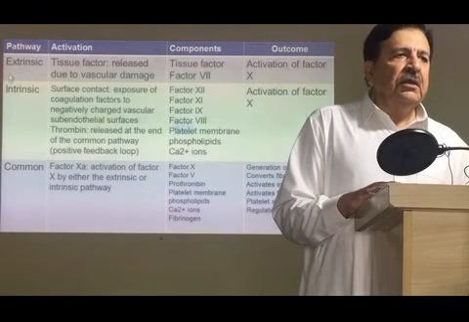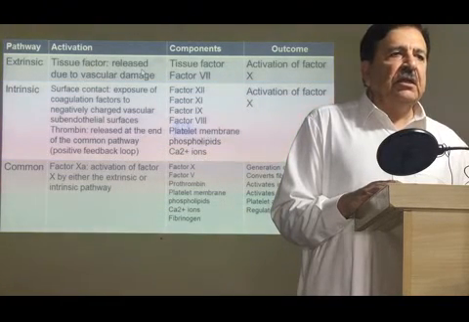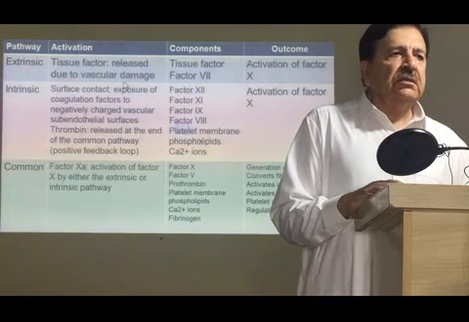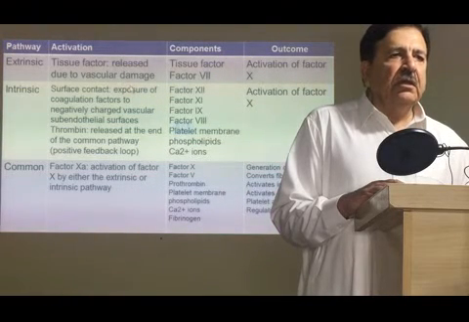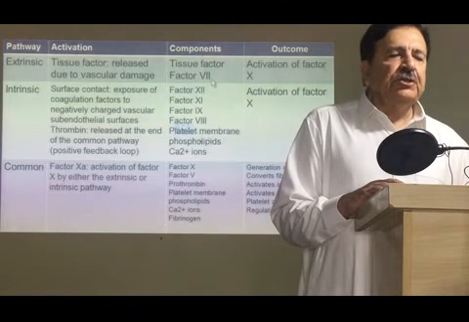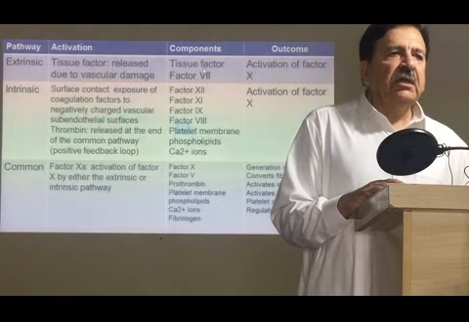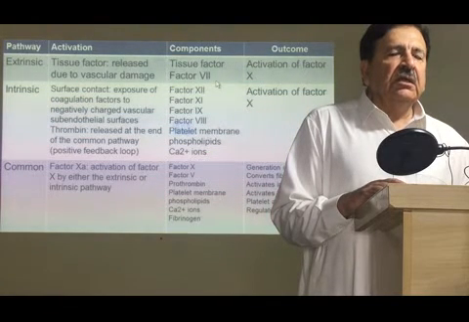So these are the outcomes of the pathways. In the extrinsic pathway, tissue factor is released due to the damage of vessels, and the components are tissue factor and factor 7.